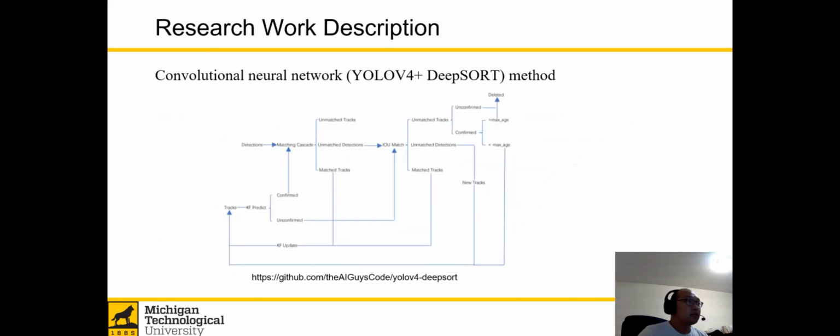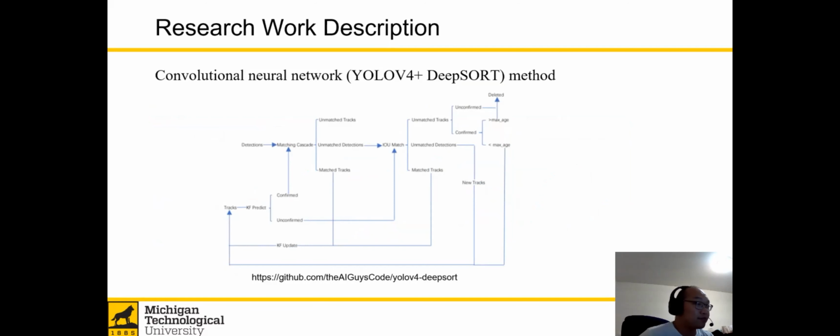And this page just shows the basic structure of DeepSORT, which stands for simple online and real-time tracking with a deep association metric, and we have the reference.